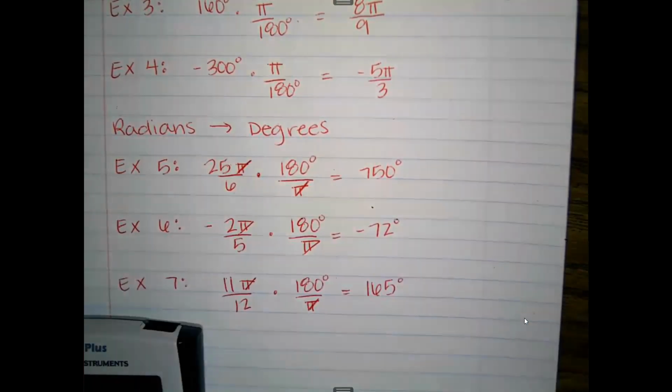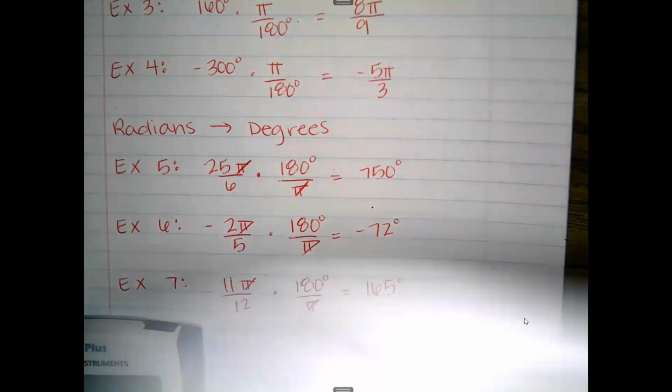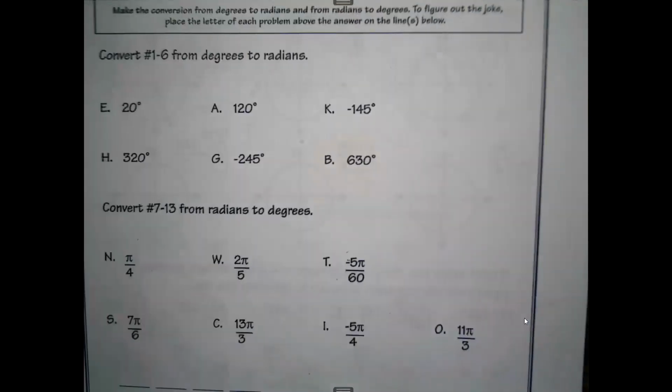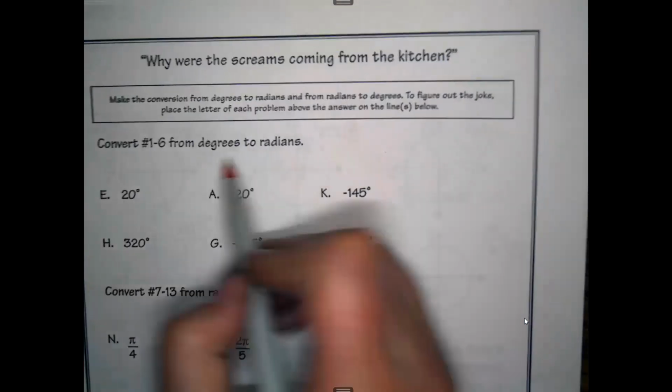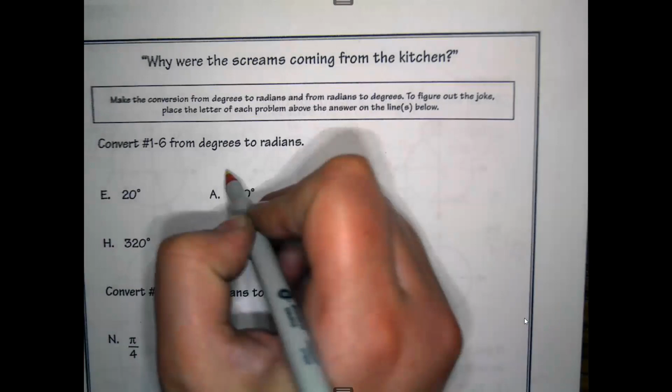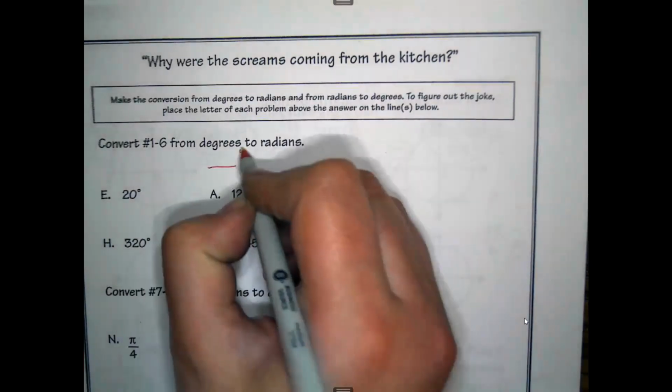All right. So in your packet, the work that you are going to be doing is you are going to be doing every single problem from the first page. This is a punchline worksheet. So if you're converting from degrees into radians, that means that you have something in degrees.